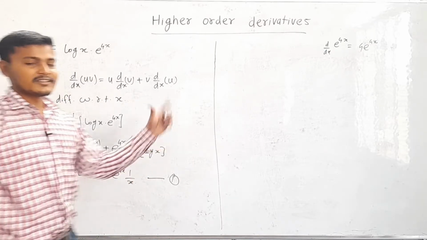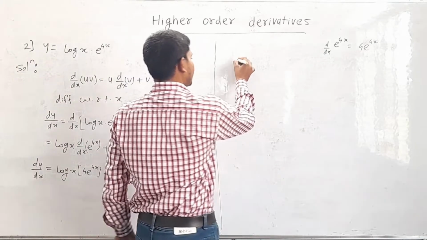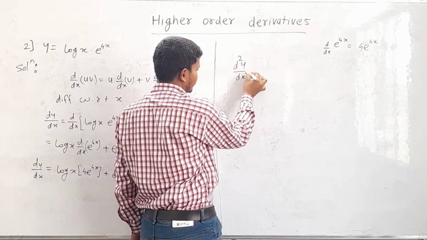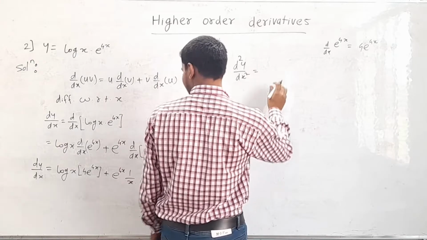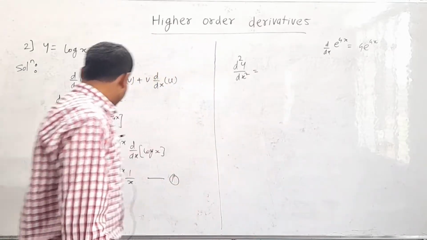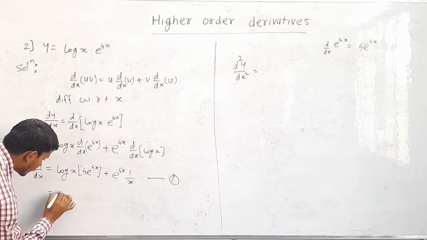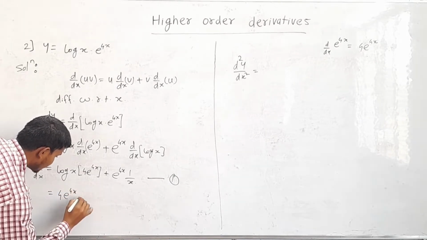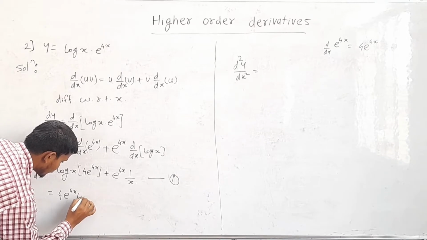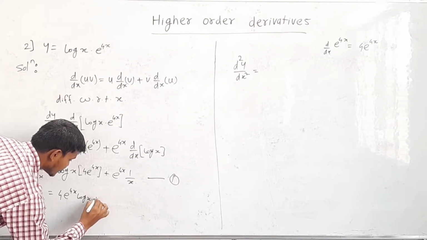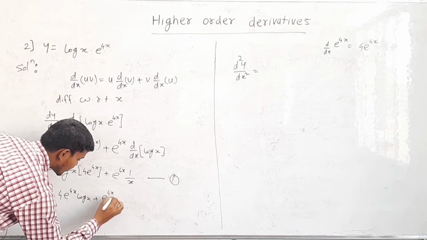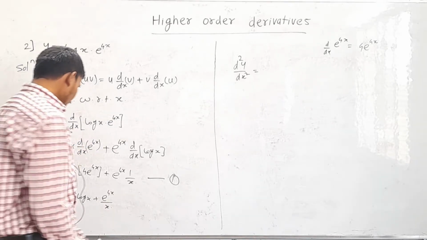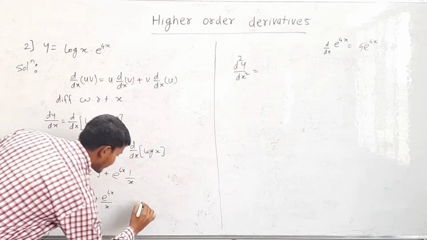But we have to calculate the second order derivative, that is d2y by dx square. We can write this as 4 e raised to 4x into log x plus e raised to 4x by x. This is equation number 1.